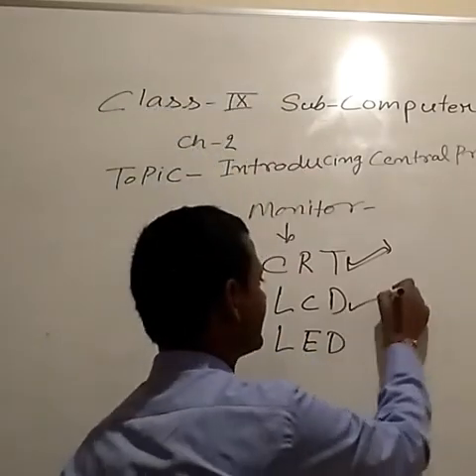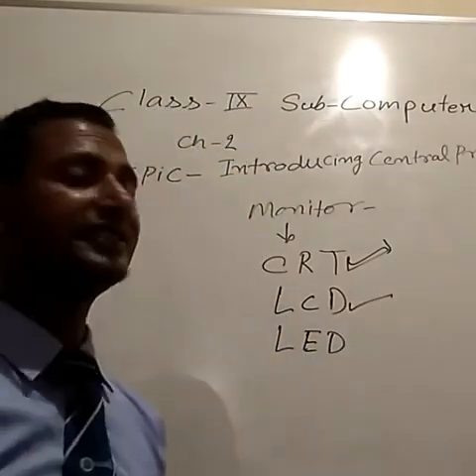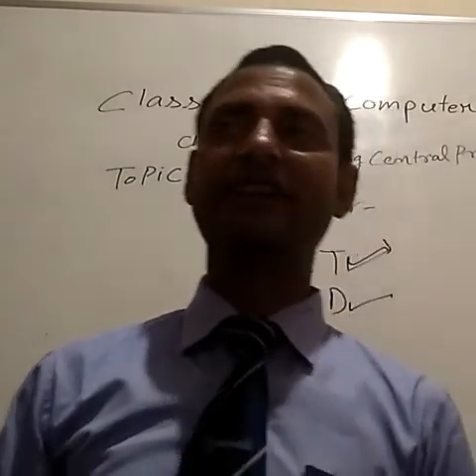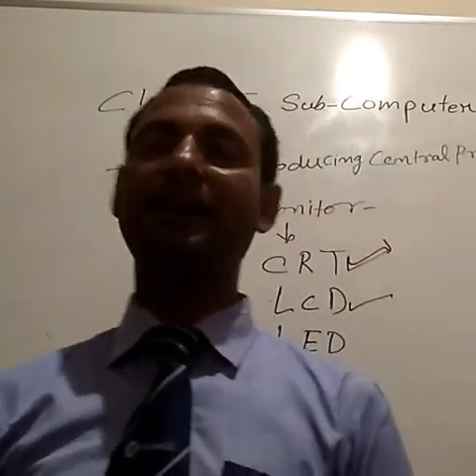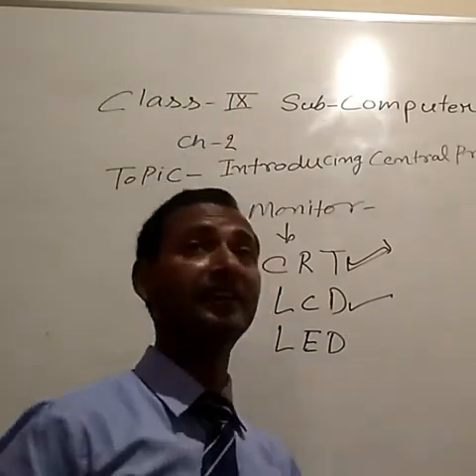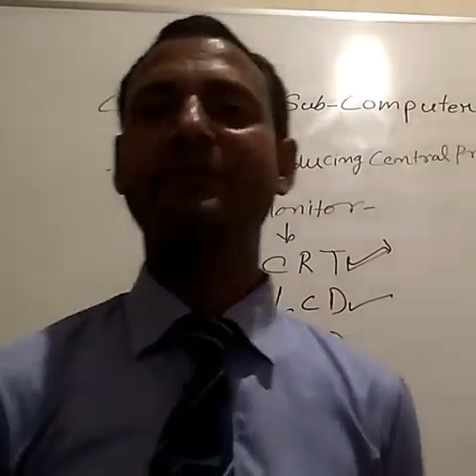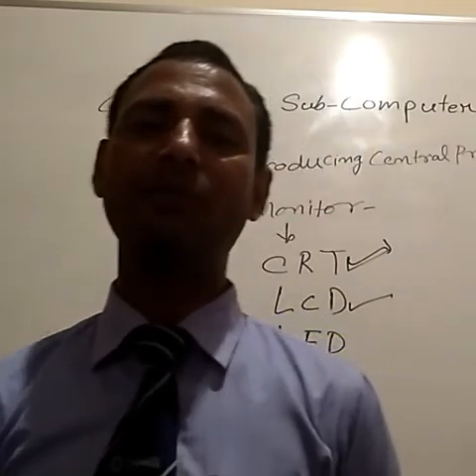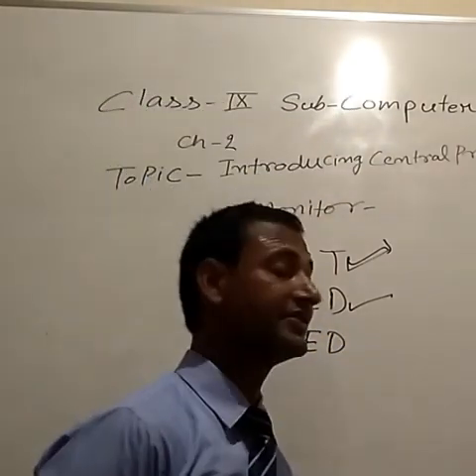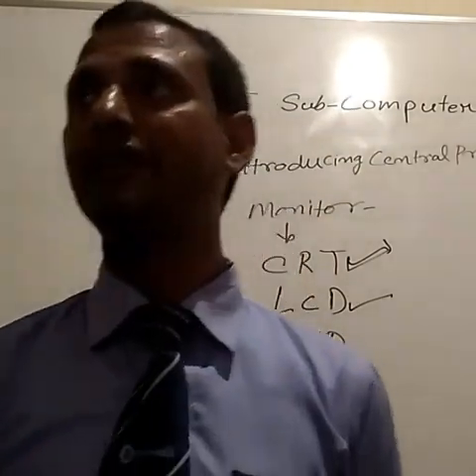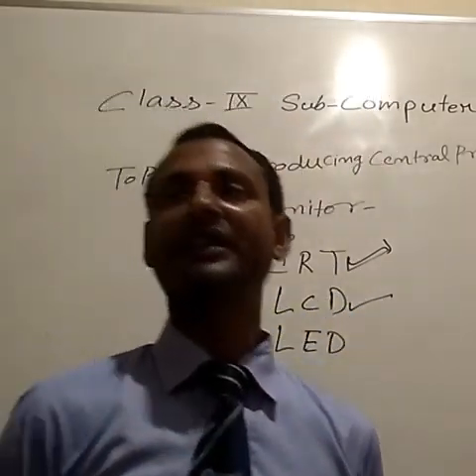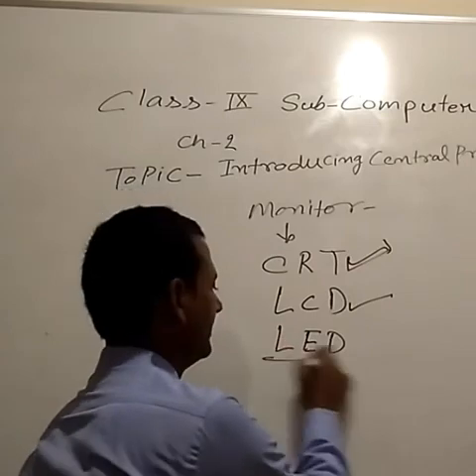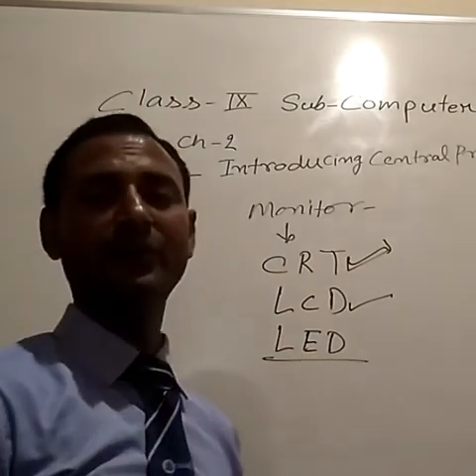Similarly, LCD is liquid crystal display. Liquid crystal display is a technology used on the flat surface of the monitor, and this monitor is very light. Its weight is also very low, and a very good quality picture is given by the LCD. After some time it was converted to LED, light emitting diode.